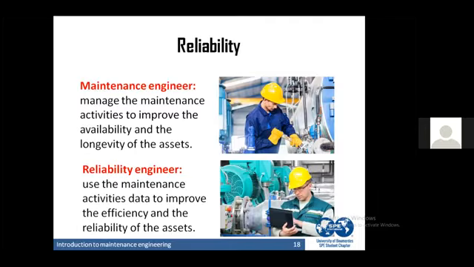However, when the third generation of maintenance started after the 80s, we introduced what we call the RCM, which stands for reliability centered maintenance. That means any action and any strategy done by the maintenance team was done according to the reliability engineers' studies.